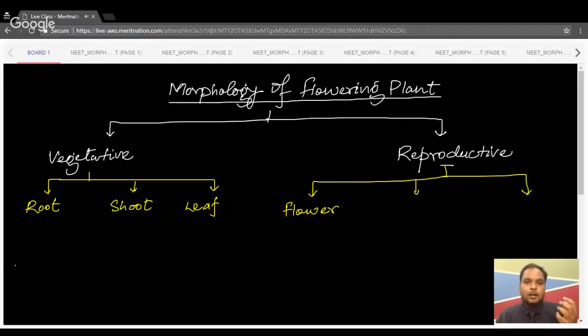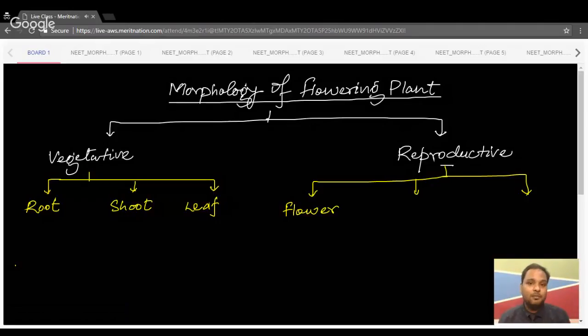So that is a very common structure, which is kind of homologous to the flower of angiosperm, but still it isn't a flower. The reason being, flowers should have certain characteristics. Flowers should have certain parts. You know them as petals, sepals, androecium, gynoecium, or maybe carpel and stamen. So these parts, or a group of these parts, should be present to classify it as a flower.